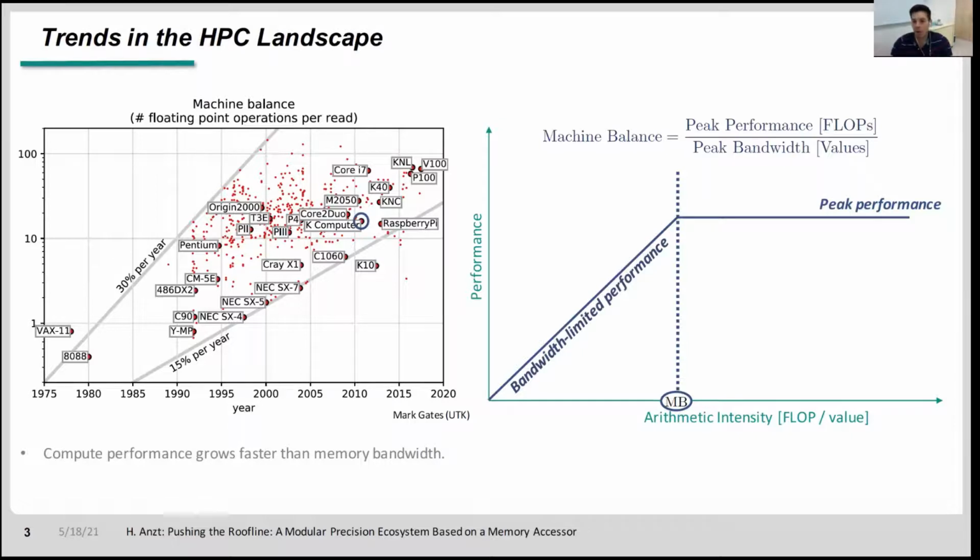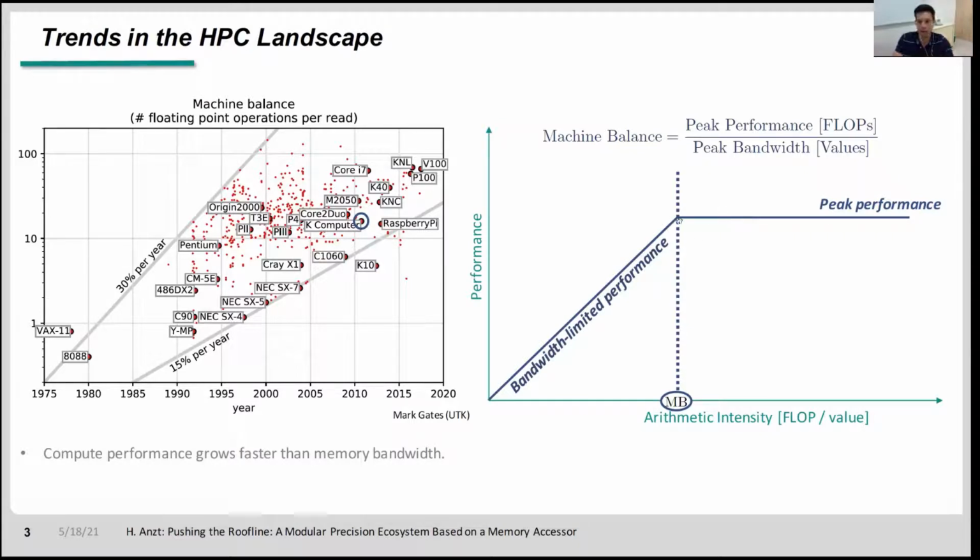Algorithms with a low arithmetic intensity, so algorithms that are in this region, will probably not achieve the peak performance of your architecture, but instead will remain in the bandwidth-limited performance area, and their performance might be significantly smaller than the peak performance of your processor.